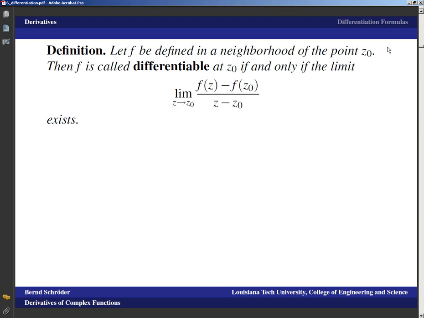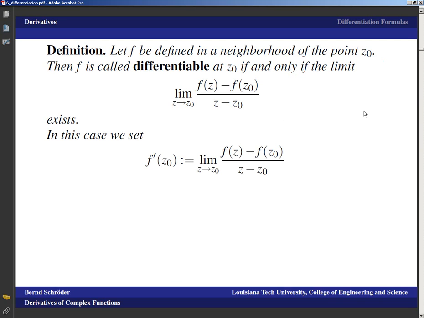Again, notice that we didn't mention complex numbers here because implicitly in complex analysis, of course, we assume that our functions map complex numbers to complex numbers. But other than that, this is verbatim the definition from calculus of a differentiable function. You want to know what happens to the quotient of the differences in the outputs divided by the differences in the inputs as the two inputs get closer to each other.